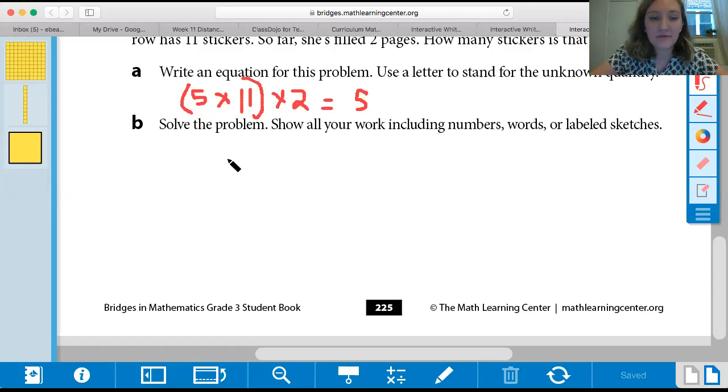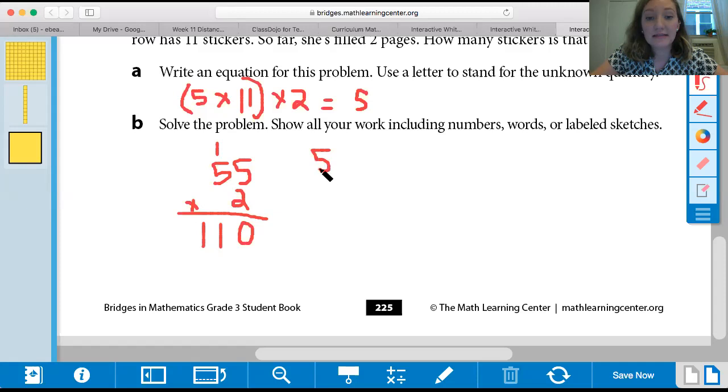All right, so hopefully you finished that. You should have done 5 times 11 is 55. And 55 times 2, you can either do it this way. 2 times 5 is 10, plus 1 more is 11.